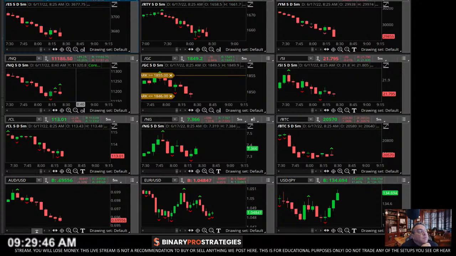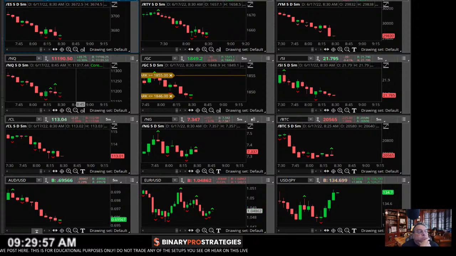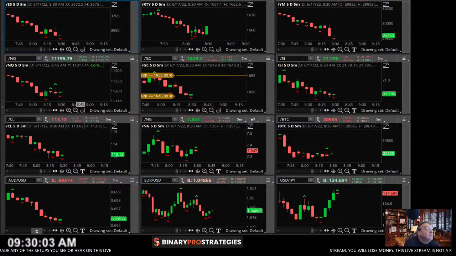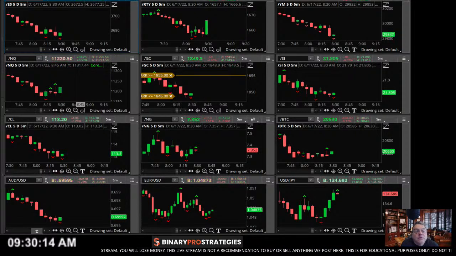Setting up for a possible double short over here on the Euro US. Dow's opening up. Interesting. Opened up down. Down 89. Down 77. Coming in short on the gold. Now we're getting a short on the Euro US.